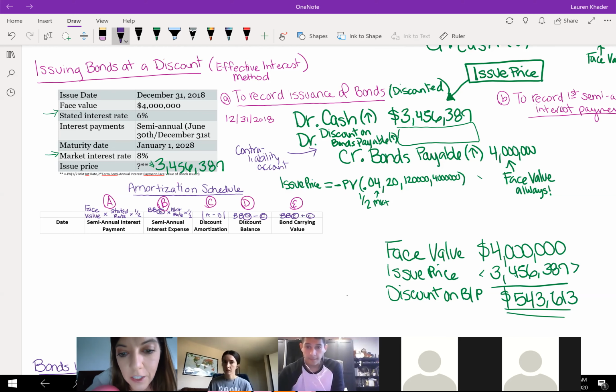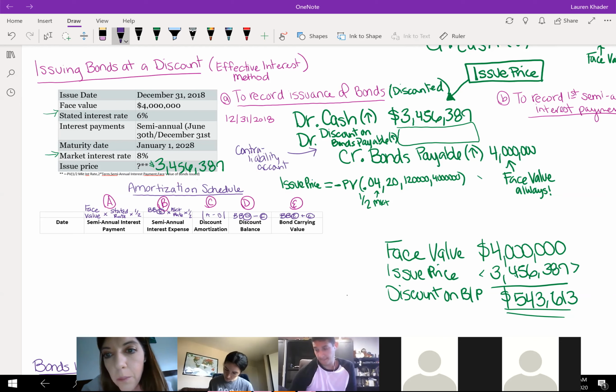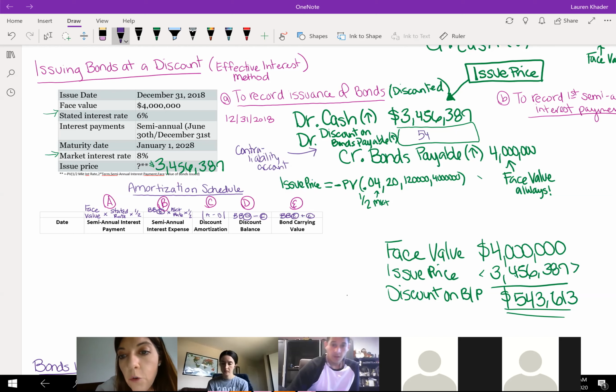It's a sister account to bonds payable, because you look at these two together and they net to the carrying value of the bonds. The discount on bonds payable for this one is 543,613, the difference between the face value of the bonds and the issue price.